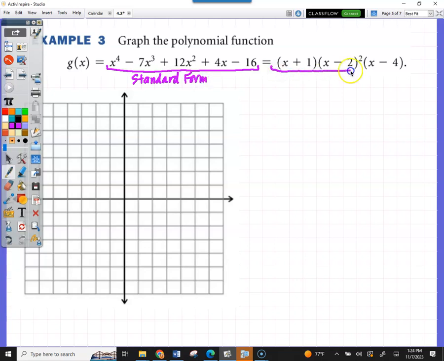This is the factored form. The standard form is there to help you see what the leading term is. The factored form is there to help you solve it. So it's basically less work.